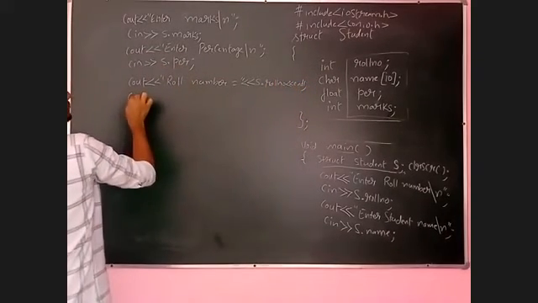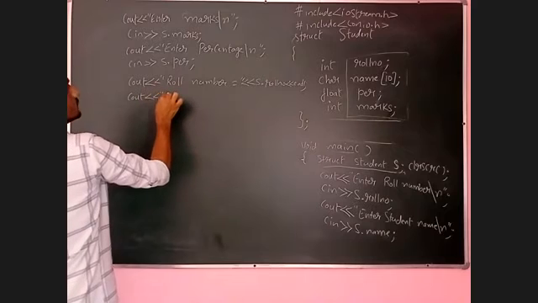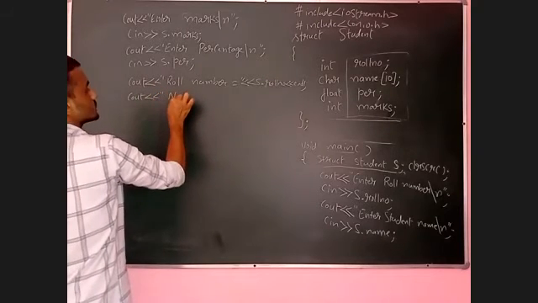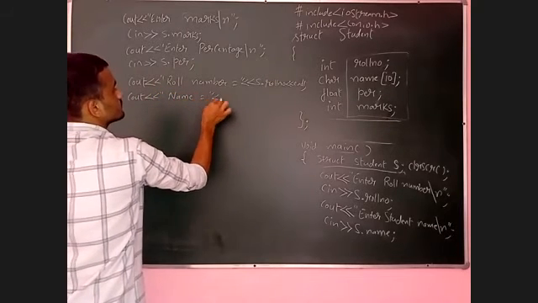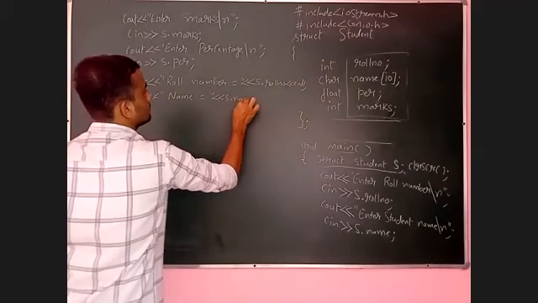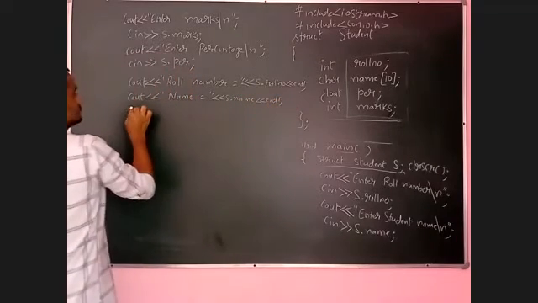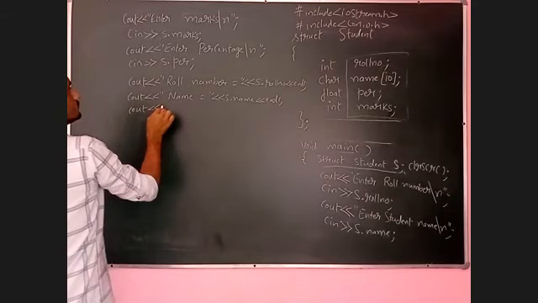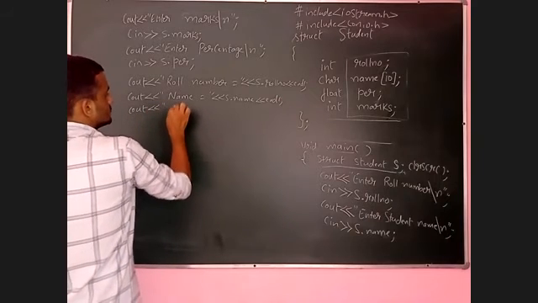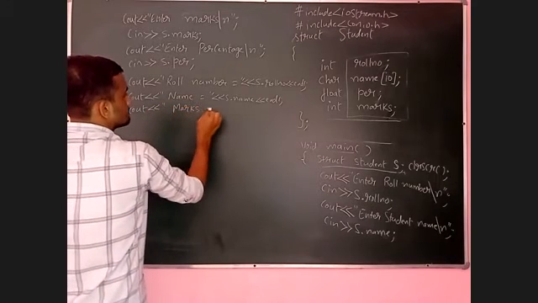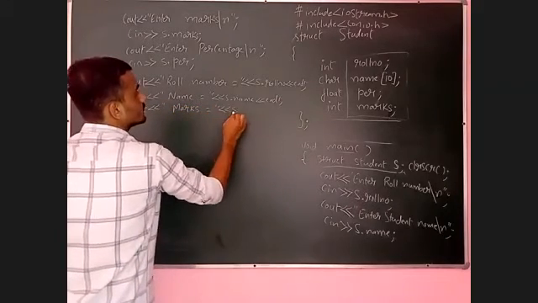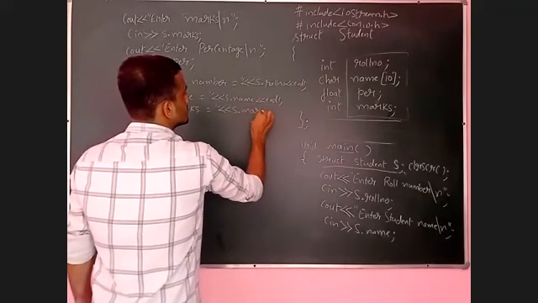cout name equals s dot name. And then cout marks equals s dot marks.